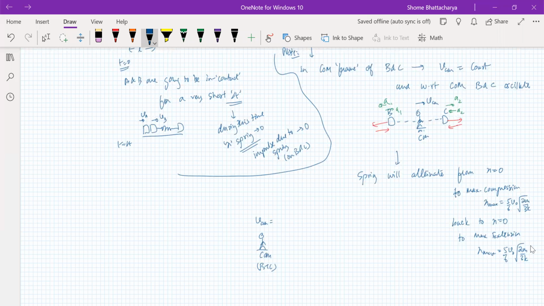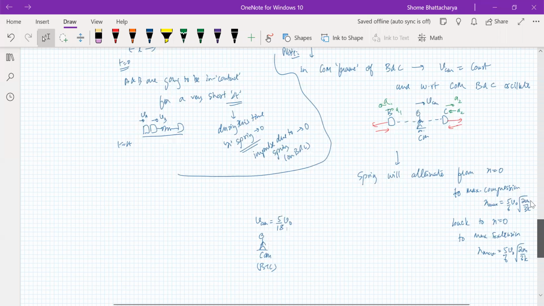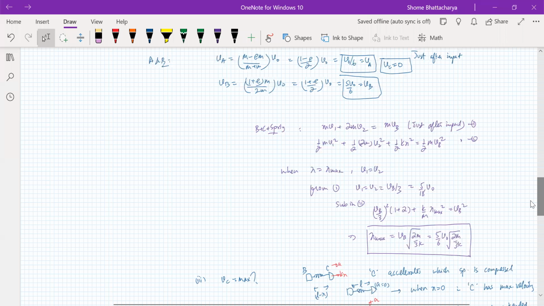So that was 5 by 18 V naught. Remember? This was the common velocity we had got in part 2. This V1 is equal to V2. This is also the VCM of B plus C as a system.